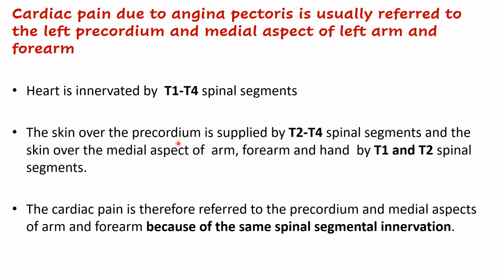The skin over the precordium is also supplied by T2 to T4 spinal segments, and the skin over the medial aspect of the forearm and arm is supplied by T1 and T2 spinal segments. So we can see the same spinal segments are supplying. Therefore, cardiac pain is referred to the precordium and medial aspects of the arm and forearm because of the same spinal segment innervation of these structures.